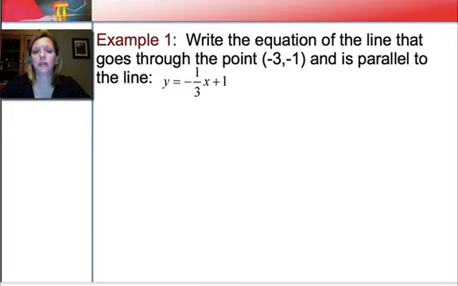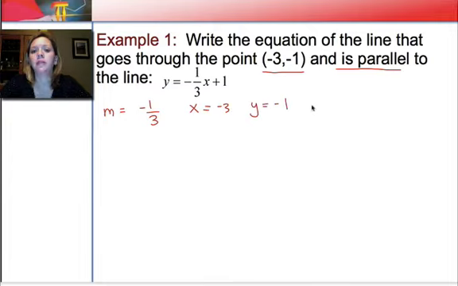Let's do another example using the same technique. Let's write the equation of the line that goes through the point (-3, 1) and is parallel to the line y equals negative 1/3 x plus 1. Since it's parallel, I know I want my slope to be negative 1/3. I know that when x is -3, I want y to be 1, but what I don't know is the y-intercept.